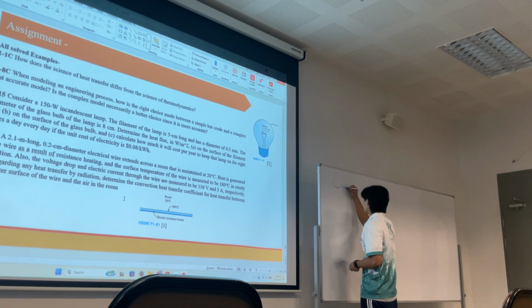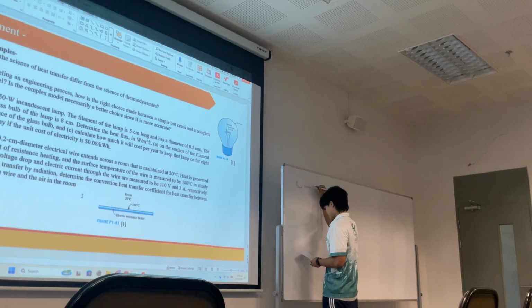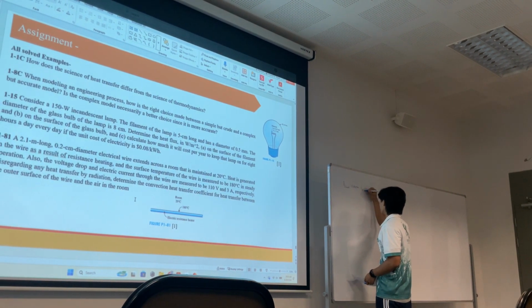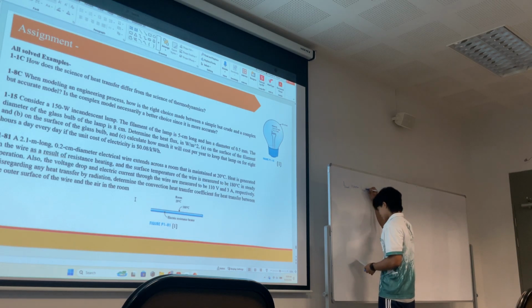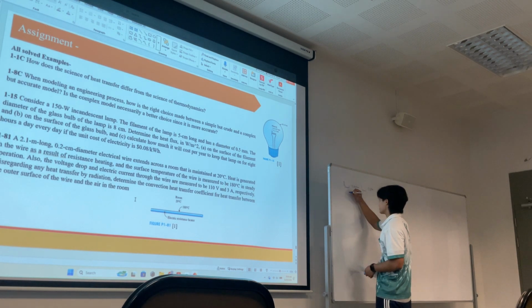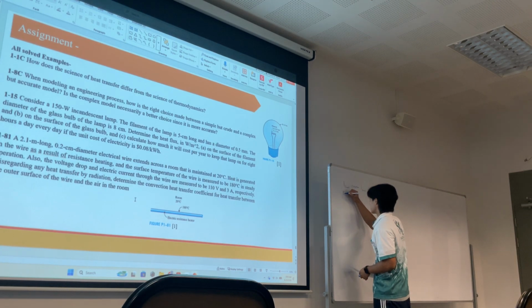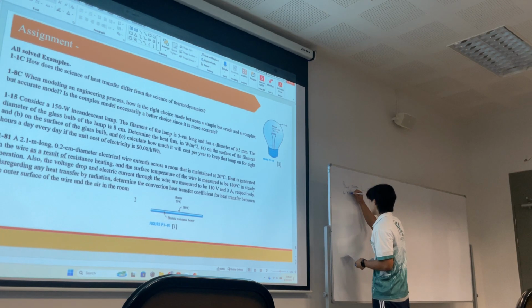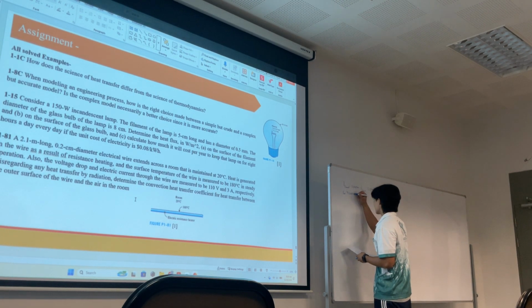And the area of the sphere, which is the glass of the bulb, right? It's going to be different. Just solve A and B. C you can repeat this one.